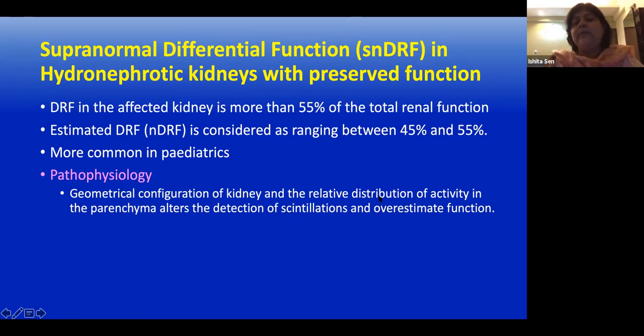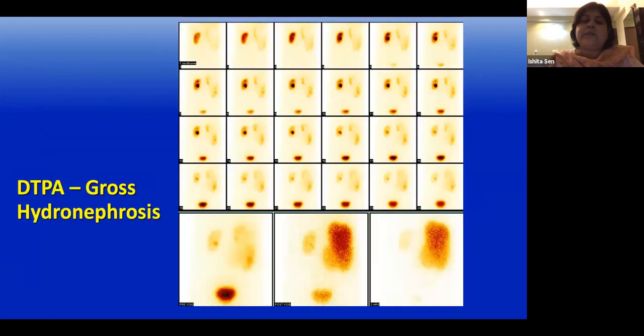So whenever you have a functioning kidney with a huge dilated pelvicalyceal system, it's important to remember that the differential renal function may be overestimated in these kinds of situations.